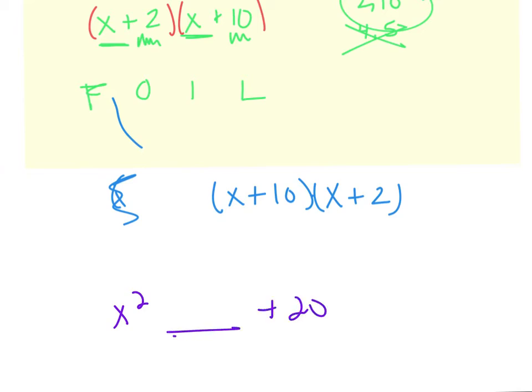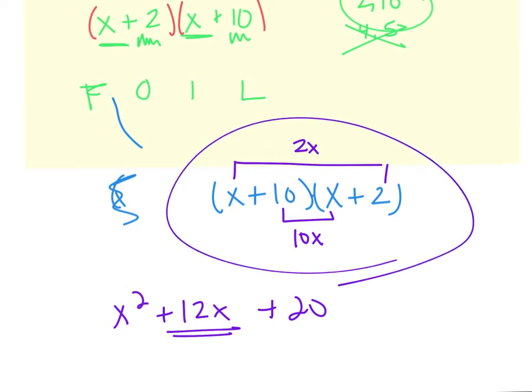So how are we getting that 12 in the middle? I know that x times 2 is 2x, and I know that 10 times x is 10x, and 2x plus 10x is that 12x. So that's how you're going to show that you checked right here. And I'll show you that again on the next page.